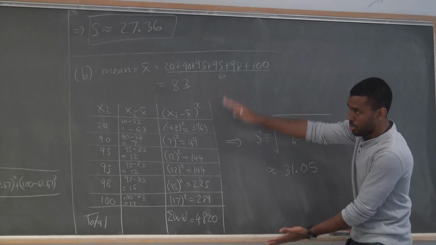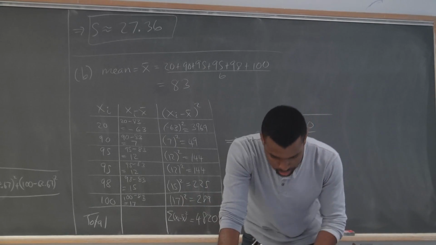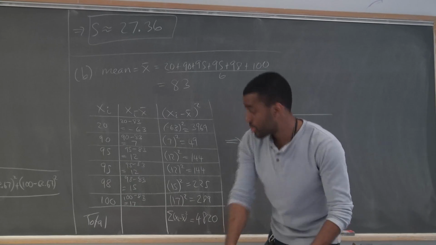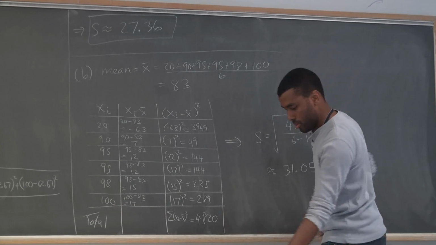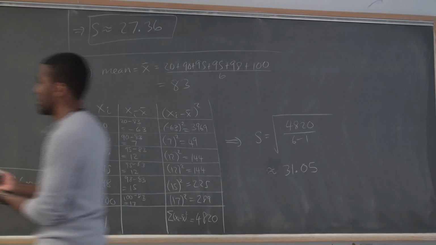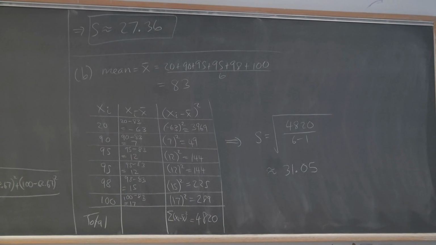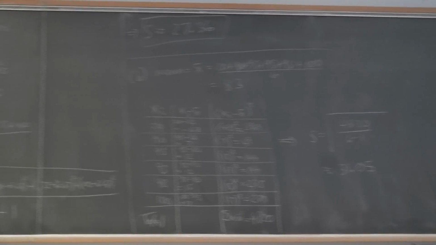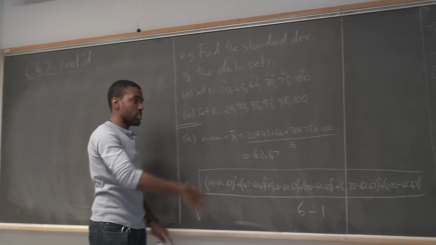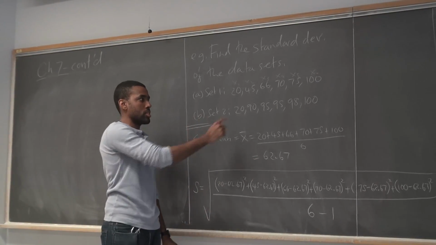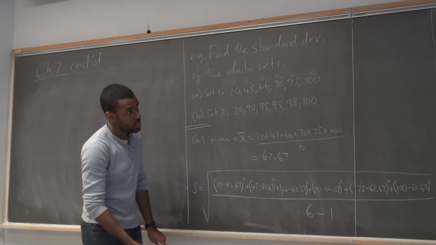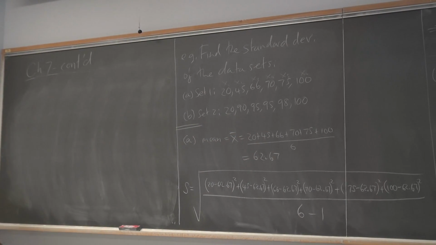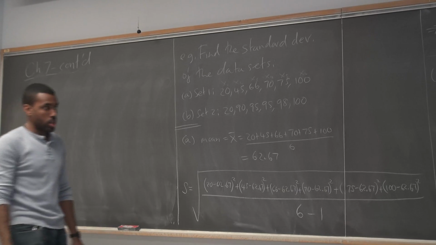So some people like to use tables to organize everything, so that's how you do it in that case. Any questions on this so far? So this is just another way to describe the spread by describing the average distance between all the data points and the mean average. It's just a formula you have to know and apply, or at least know where it comes from.